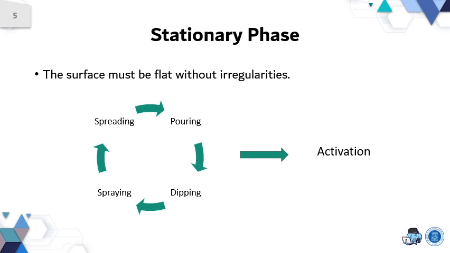First is pouring. The adsorbent of finely divided and homogeneous particle size is made into a slurry and then poured onto a plate and allowed to flow over so that it evenly covers the plate.